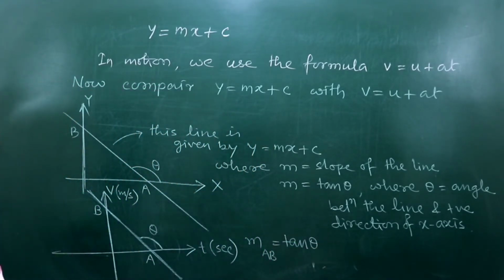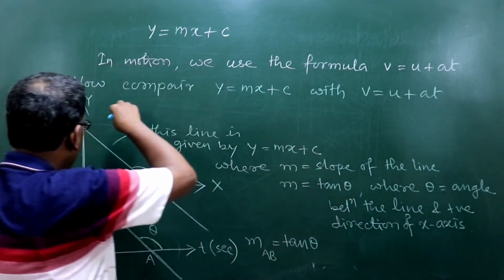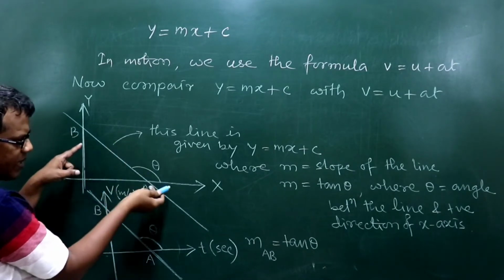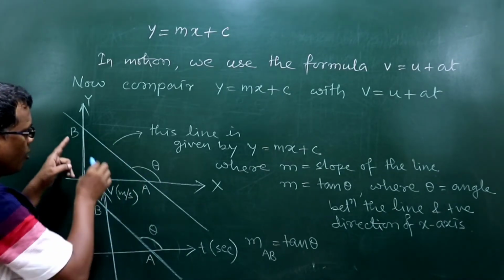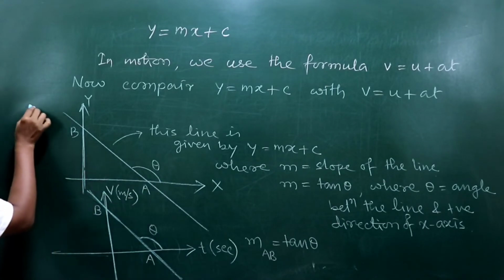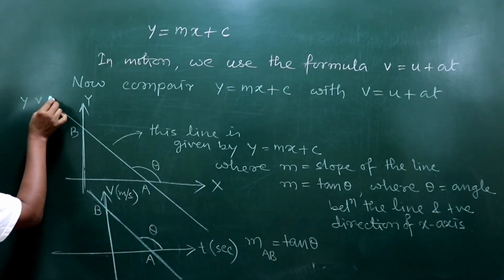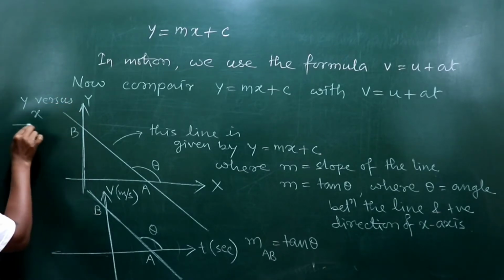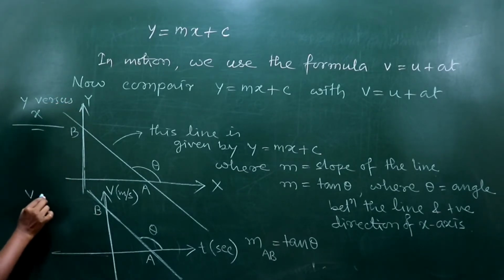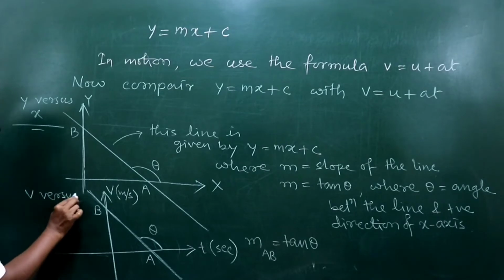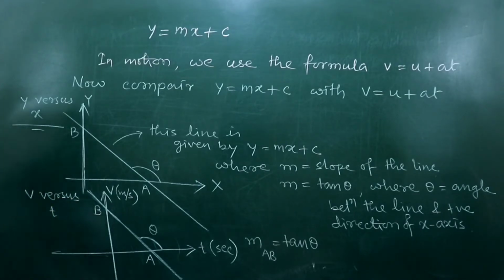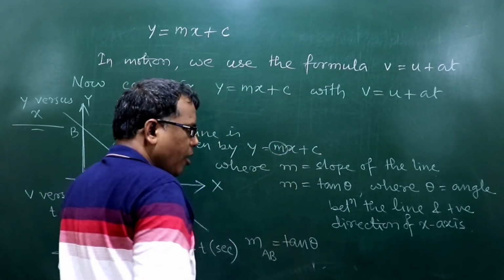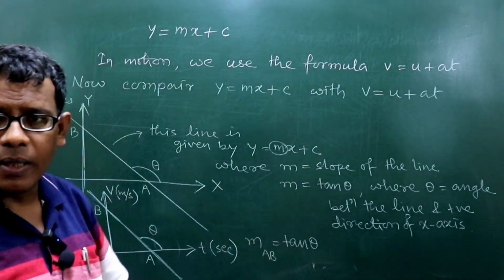So now see here, the graph was plotted x versus y, or y versus x, you can say. This graph is y versus x and this graph is v versus t. So the slope is decided by the coefficient of the x-axis variable.